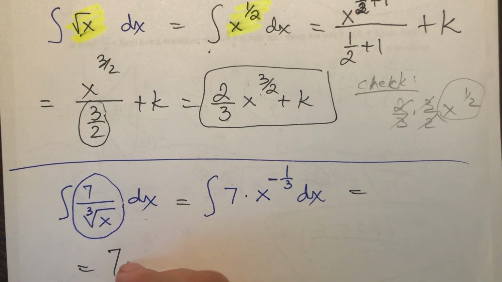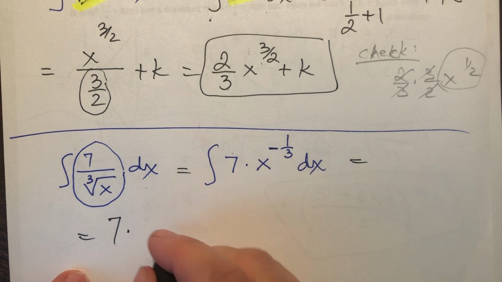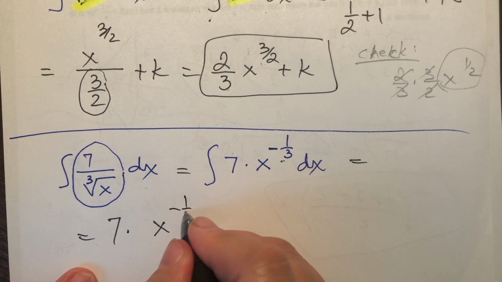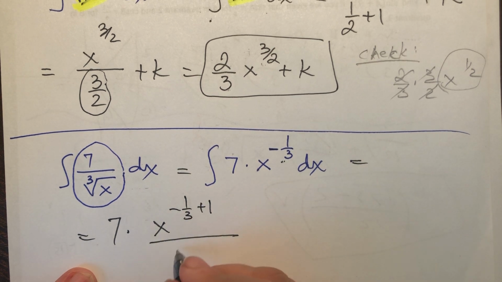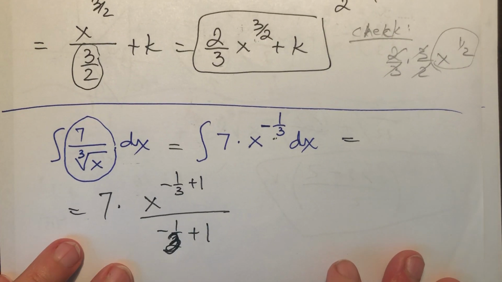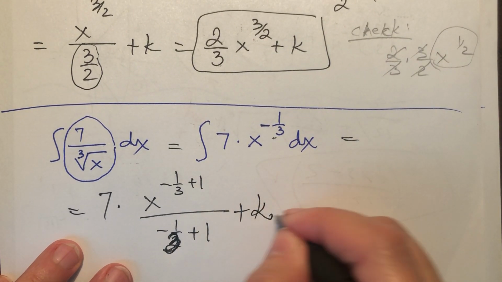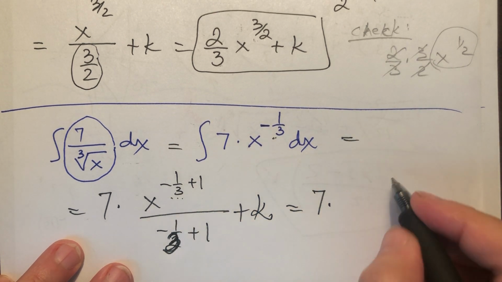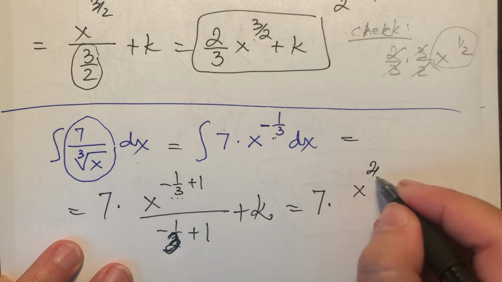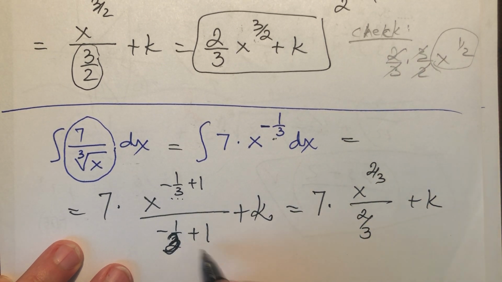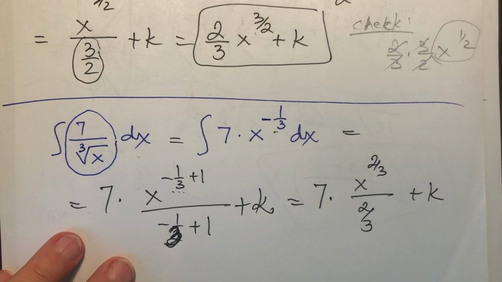So we'll keep the 7, yes, times x to the, what do I do with this exponent? I'm supposed to increase it by 1 and then take that same exponent and divide by it. Okay, so that's a 7 times negative 1/3 plus 1 is positive 2/3. And the same thing, negative 1/3 plus 1 is positive 2/3.